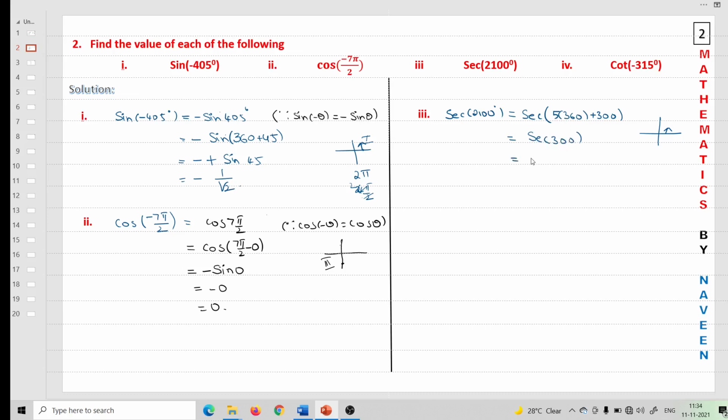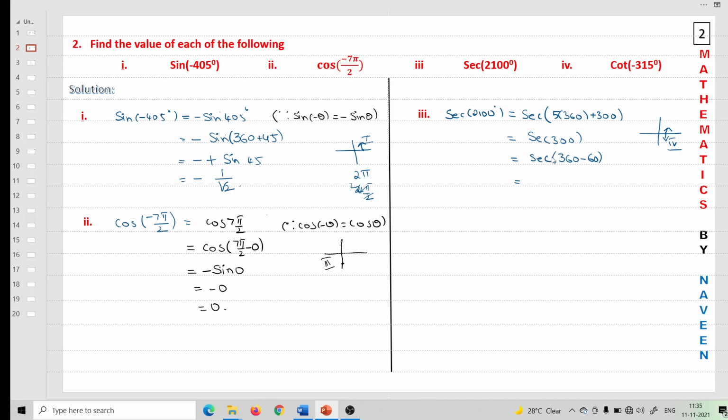Again, it can be written as secant of 360 minus 60 or 270 plus 30, right? So I am writing it as 360 minus 60. That is equal to, see, 360 means complete rotation, minus means decreasing with some angle. So theta lies in fourth quadrant.